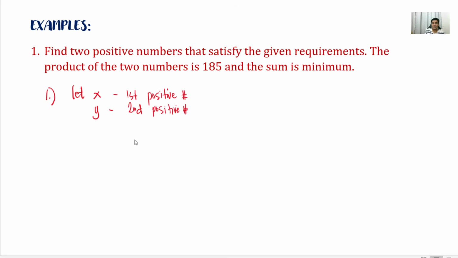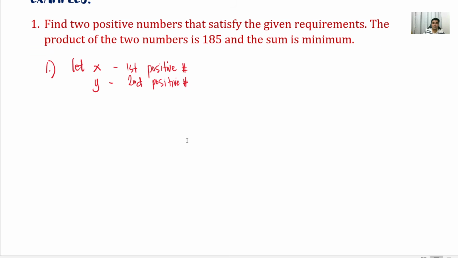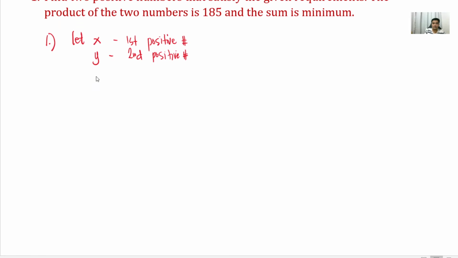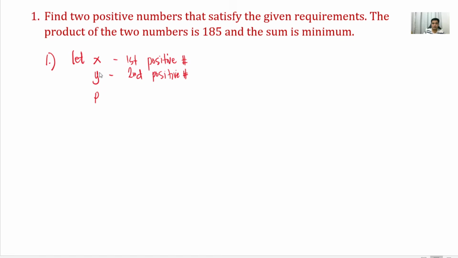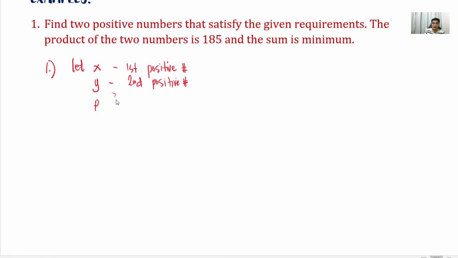Taas ko to. We have P is the product. I-denote natin yan. And then, S is the sum. Wherein, yung sum natin class, this is the quantity to minimize. Tama? That is the quantity to minimize.